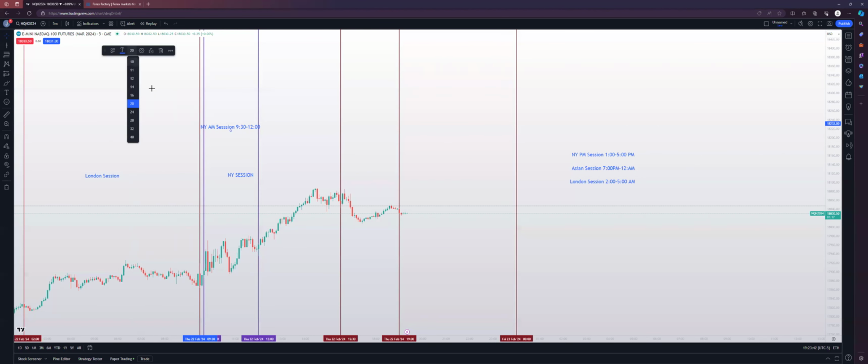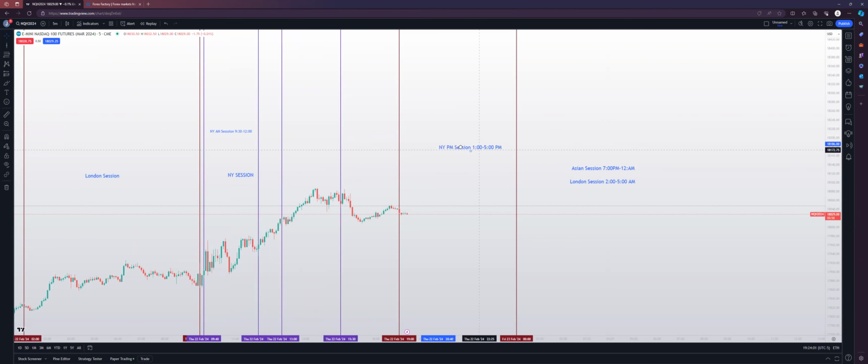Make that smaller. Where you want to trade the New York AM session. From this line here until this line here is when you'd want to trade the New York PM session.